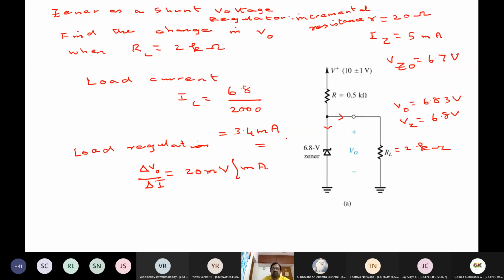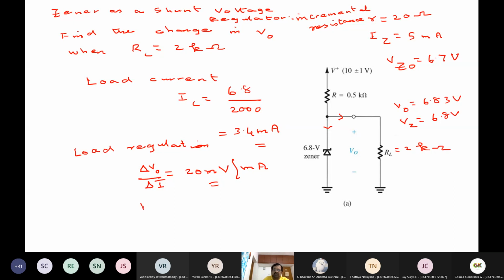So obviously, when IL draws that many milliamperes, for 1 milliampere it is going to drop 20 millivolt. That much voltage will drop, therefore a decrease sign here. But load regulation is always maintained in this manner, so this is per milliampere.